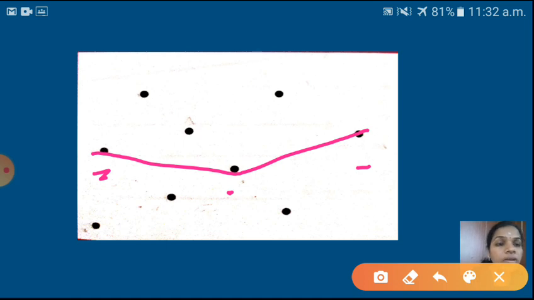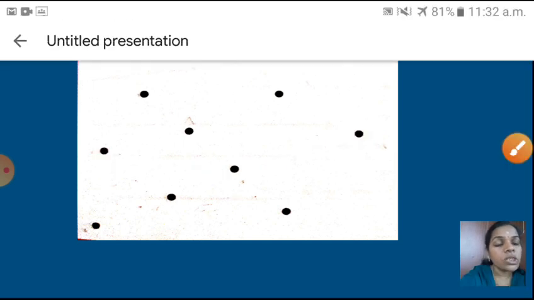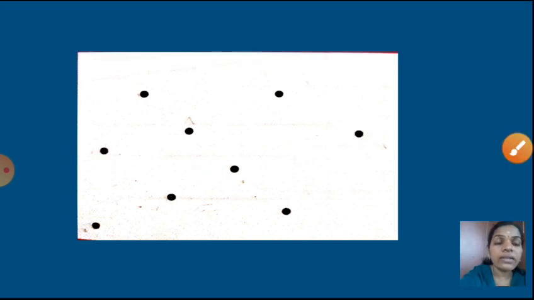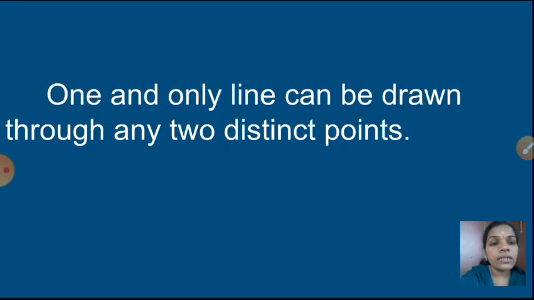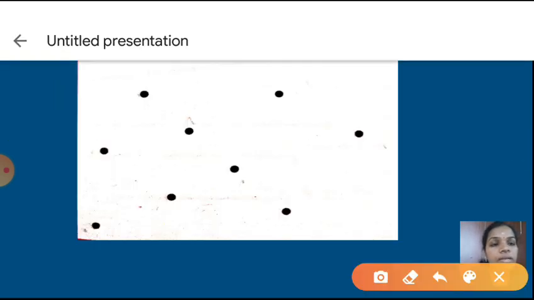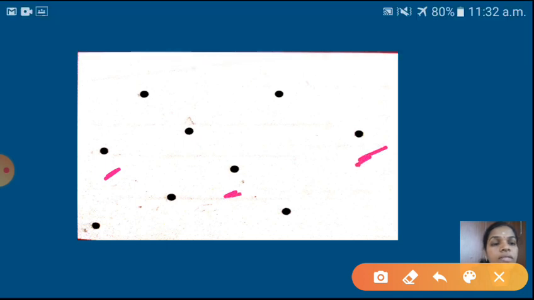Is it a straight line? No. So we can say these 3 points are non-collinear points. Points lying on a straight line are called what? Collinear points. These points are not in a straight line, so we can say they are non-collinear points.